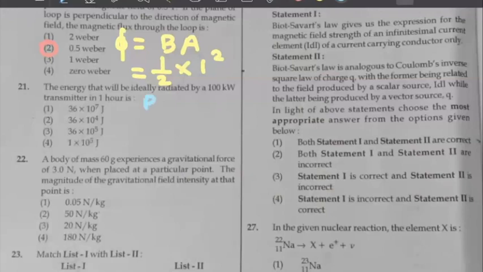Power is energy upon time, so energy would be power into time. Power is 100 kilowatts, that is 10 raised to 5. And the time is 1 hour, and they want it in joules. So 60 minutes and 60 seconds, so I have 36 into 10 raised to 5, which is 36 into 10 raised to 5 times... so that is this one.